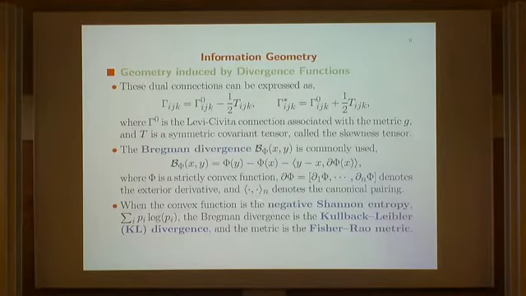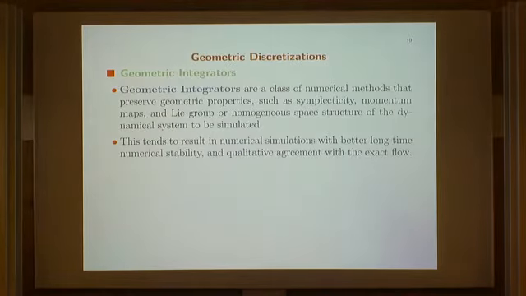If that convex function is chosen to be the negative Shannon entropy, then the Bregman divergence associated with it is the Kullback-Leibler divergence, or KL divergence. And the metric associated with KL divergence is the Fisher-Rao metric. So that covers perhaps more familiar objects, and that is a quick review of information geometry.